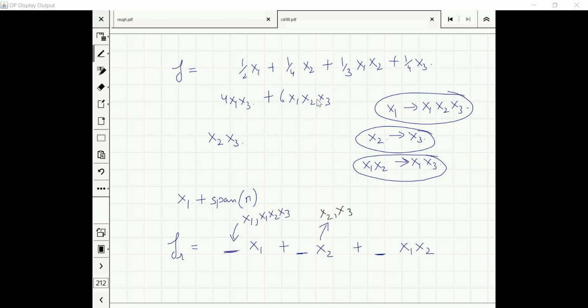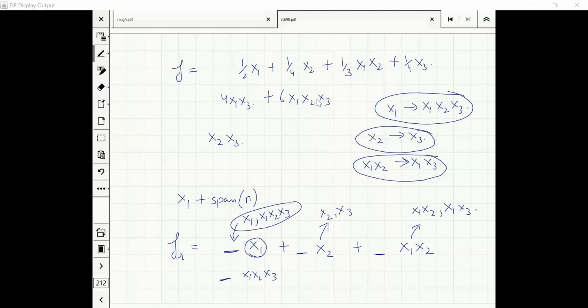This coefficient will come because of x1, x2 term and x1, x3. What I'm saying is that you don't need to have x1. If you want, you can even pick x1, x2, x3, and this coefficient will change. The point is, these coefficients will definitely get merged in the restricted function.